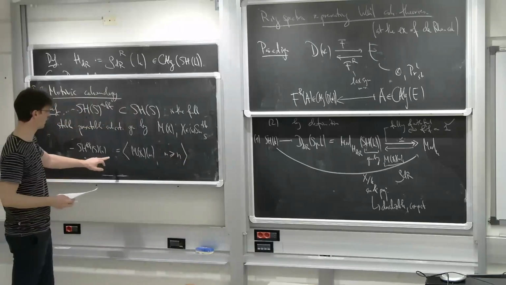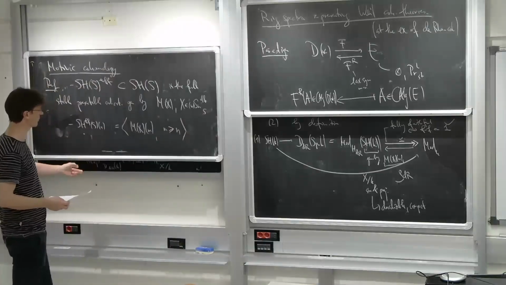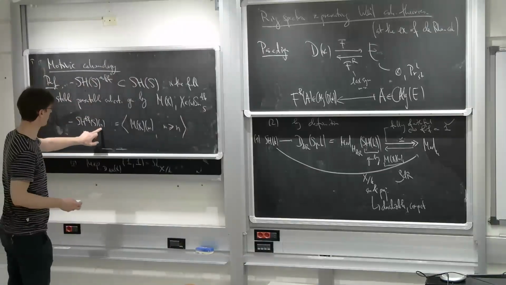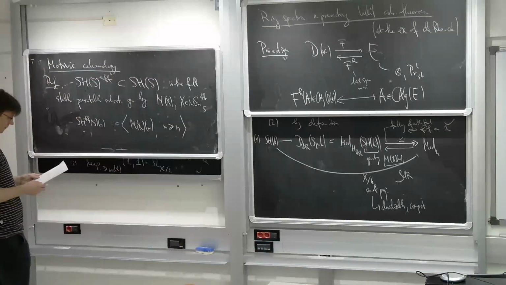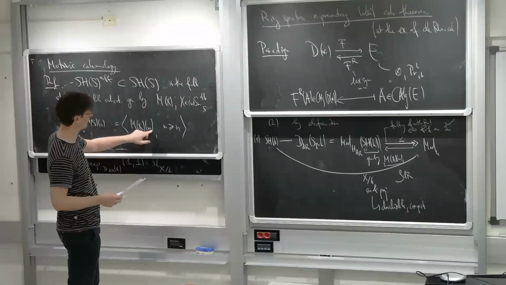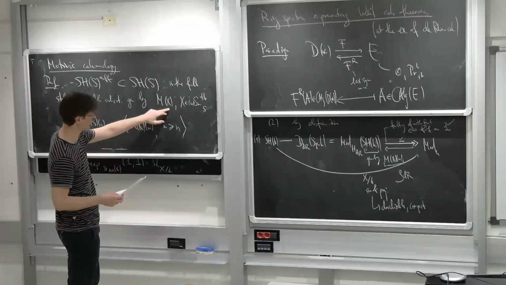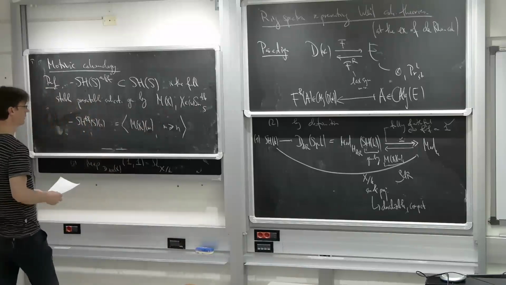So we twist at least n times. The case n equal to 0 gives SH effective. You see, the twist by plus 1 is basically a direct factor of tensoring with Gm.